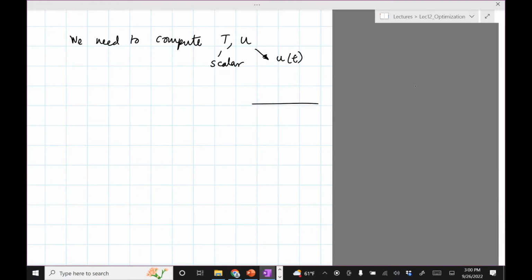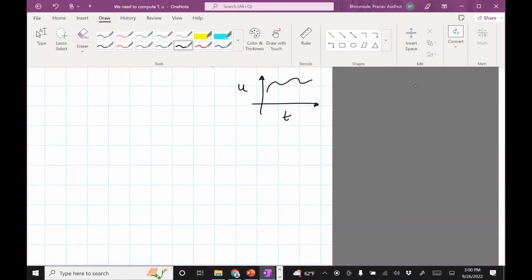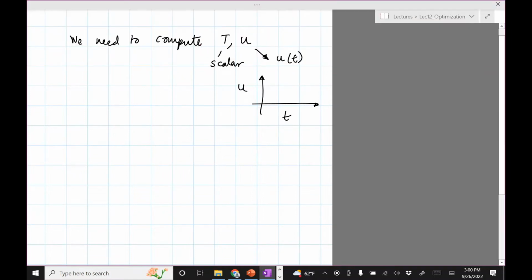Well, u is some profile. So u of t is actually infinite dimensional, because there's a value for u of t at, let's say, 0, and there's a value of u at 1.